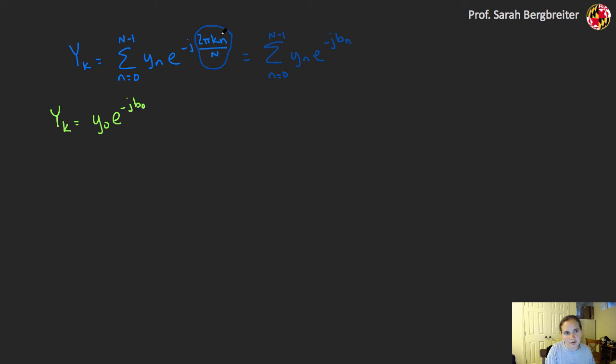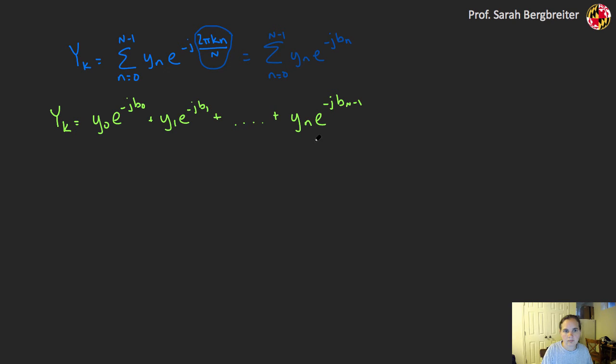And in this case, I also know that that b naught is going to be 0 because I have an n equals 0 term here, plus y1 e to the minus j b1 plus and so on, all the way up to y N minus 1 e to the minus j b N minus 1. So you can see I'm taking each of my samples, so the actual numerical value of that sample, and multiplying it by a complex exponential that's tied both to the sample number and the frequency bin that I'm interested in looking at.